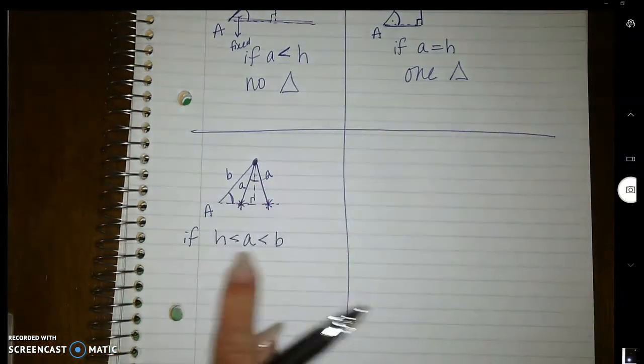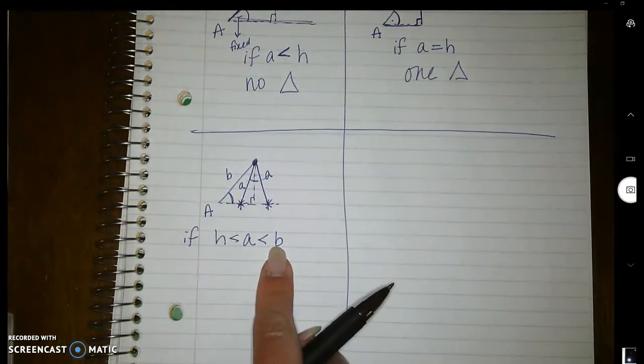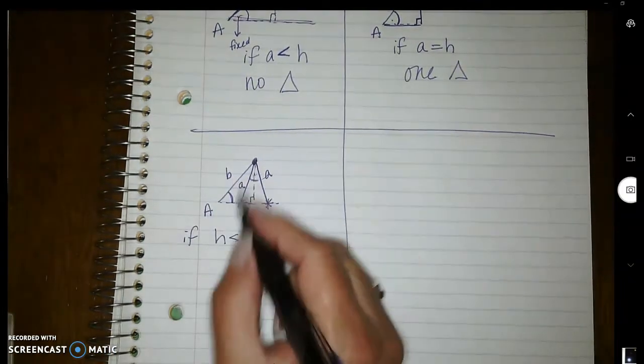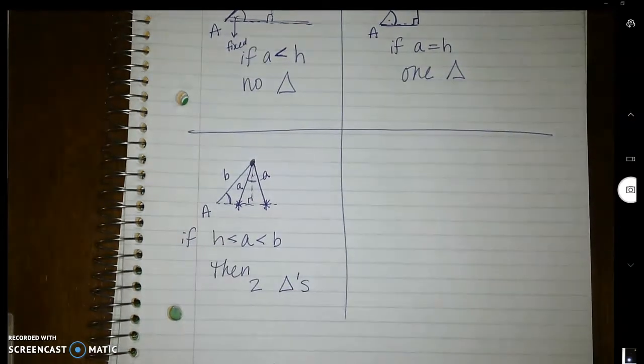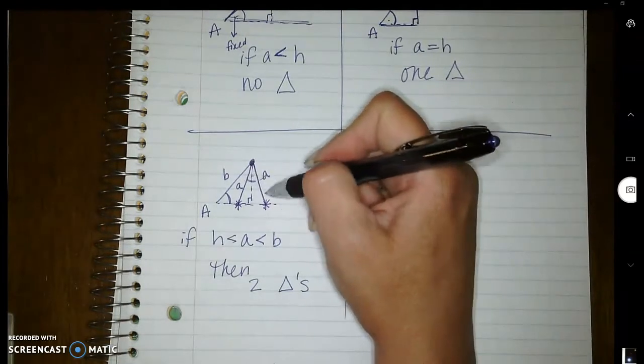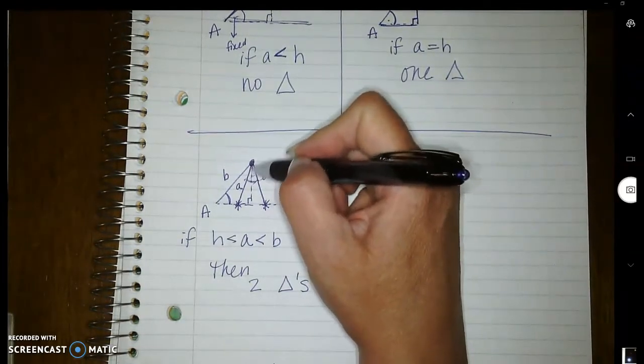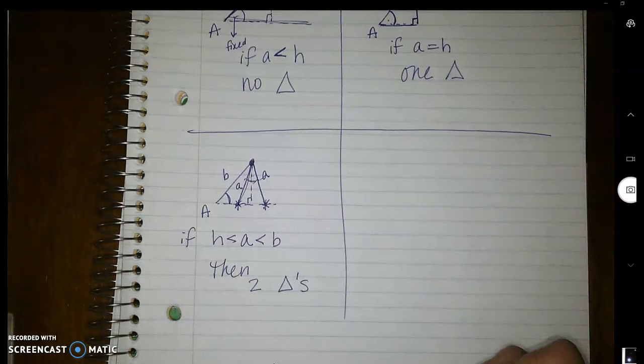Okay, so it's a little bit longer than the height, but not quite the length of B, then you're going to end up with 2 triangles. Okay, because this could swing, it could be out here, or it could swing in and can go right here. Okay?